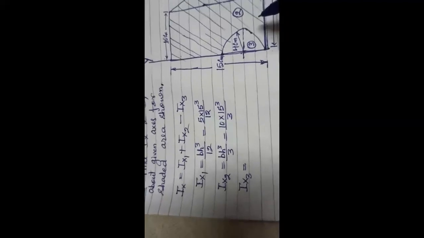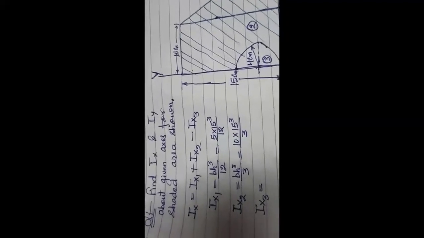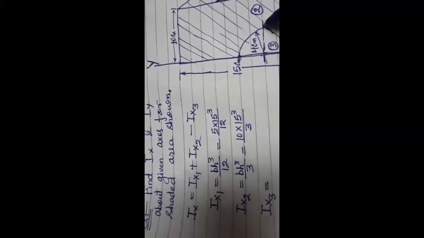Now for this semicircle, about this baseline, first of all we will find the value about this line of symmetry or centroidal axis, and then we transfer it from here to here. The gap between them is 4 centimeter, equal to the radius.